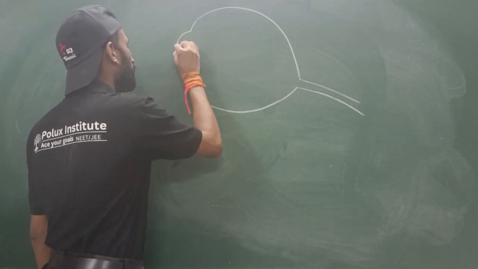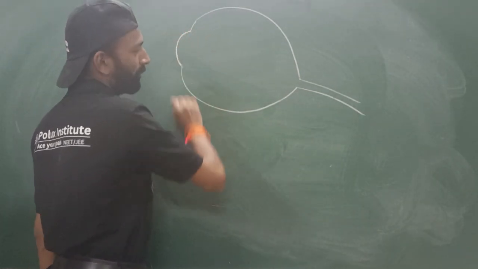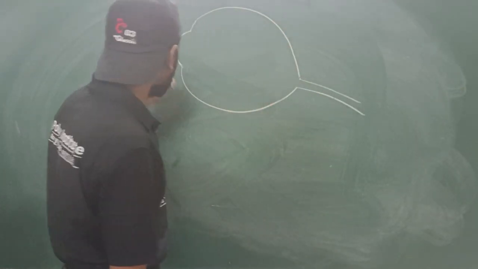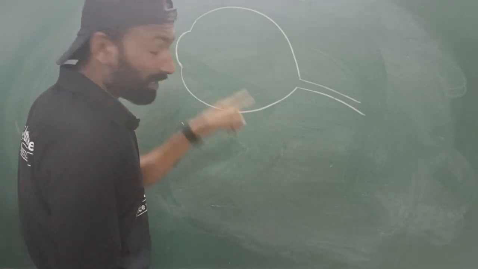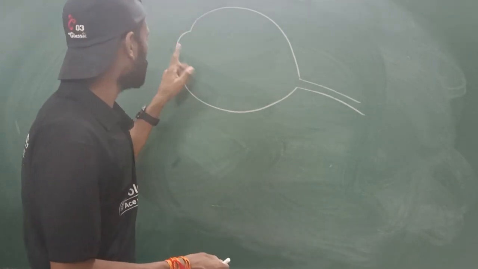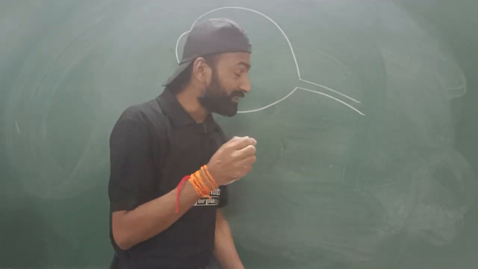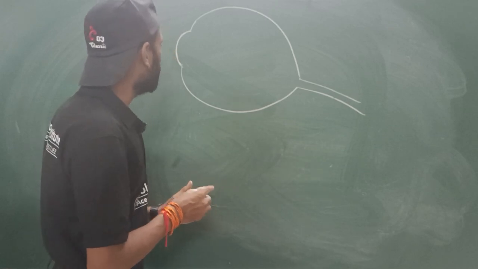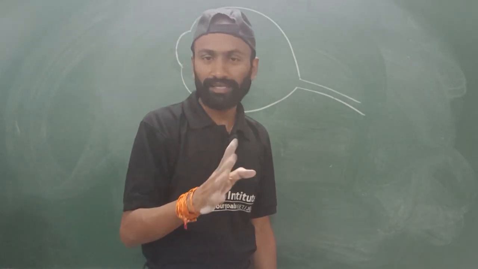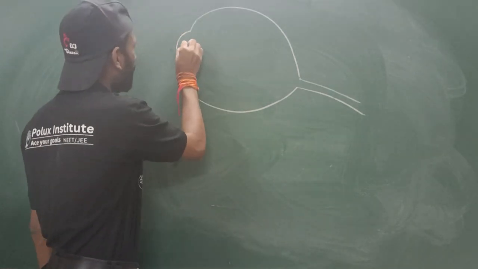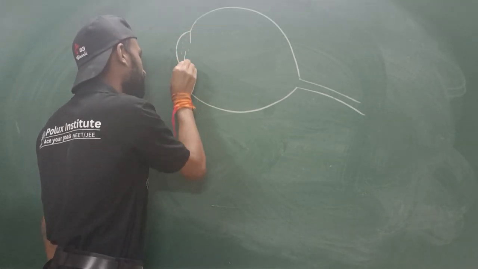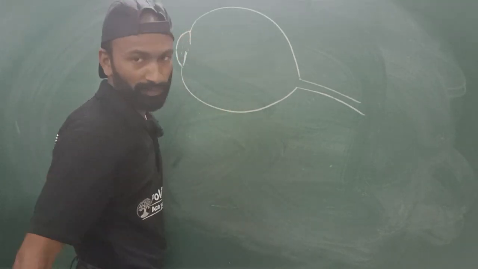This outer layer is called the cornea. It is almost spherical. The cornea is the outermost transparent layer, on the outer side of the eye. What is its use? It protects our eye from bacteria, dust or anything. After that we have liquid, and then a muscle called the iris.